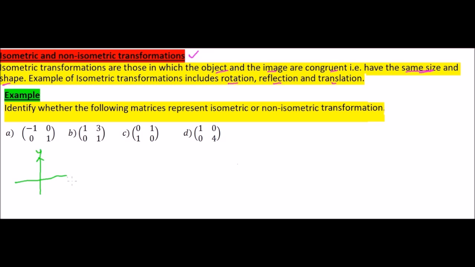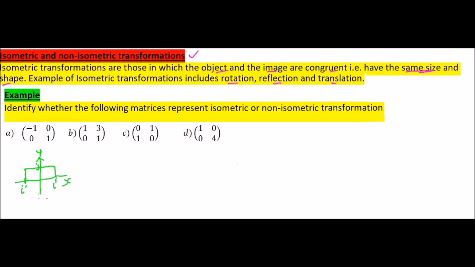So this is our y, this is our x. If we assume this is our i and this is our j, you note that i moves to the other side. So this is where we have i prime, and j remains. So we have our image is that. What kind of transformation is this?